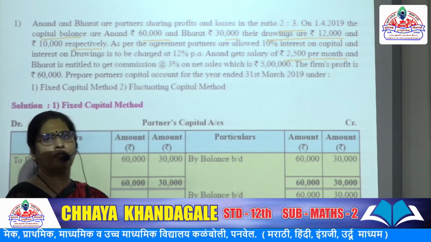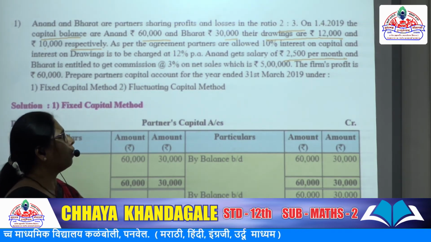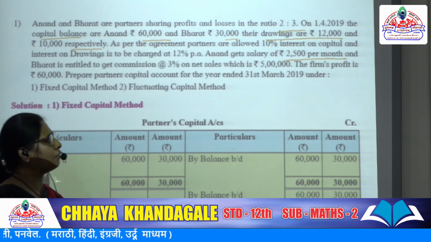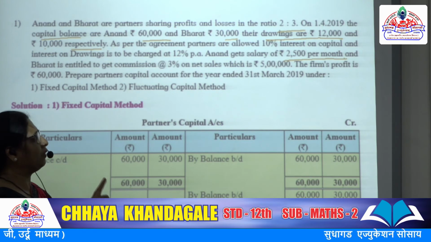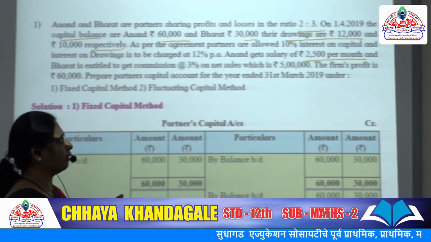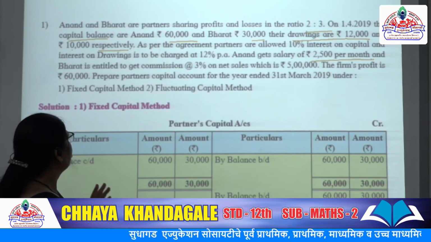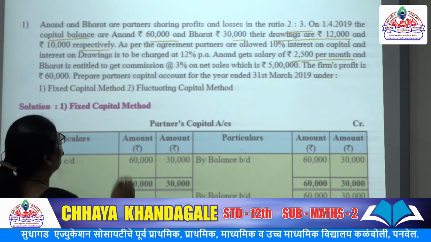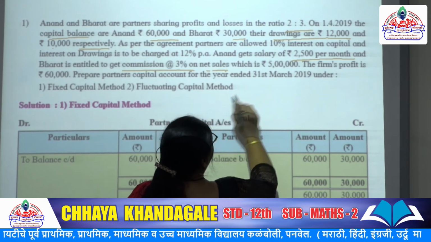Anand may be a full-time partner, so he is getting a full-time salary of 2,500 per month. We multiply it by 12 because we are calculating for the whole year. So 2,500 into 12. And Bharat is entitled to get a commission at 3% on net sales.